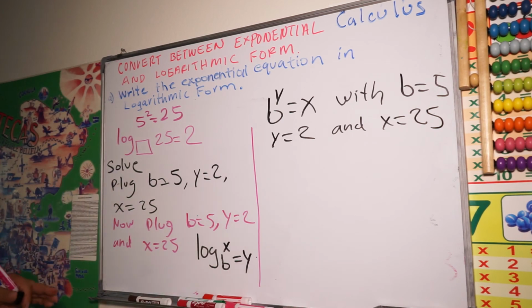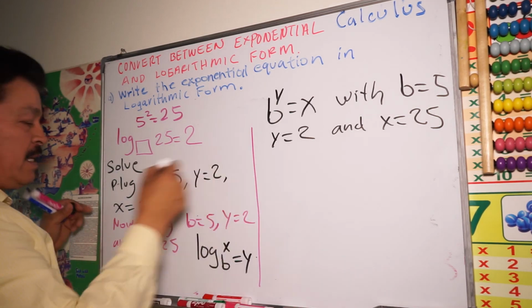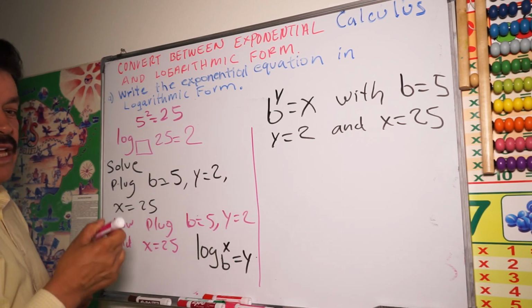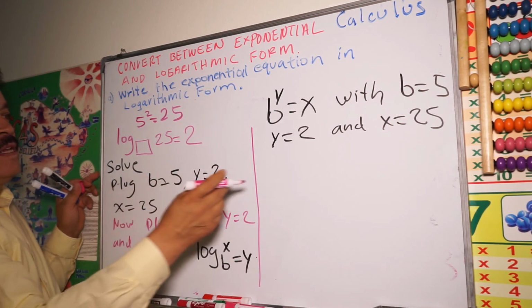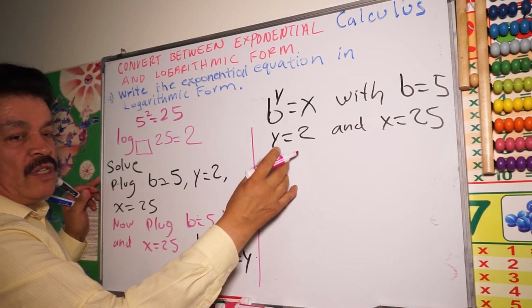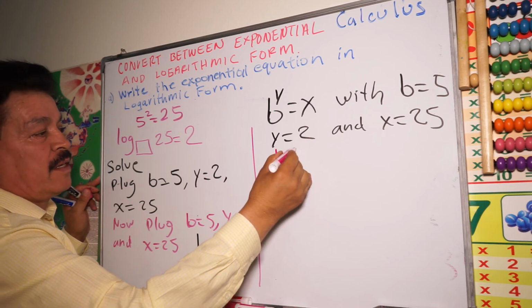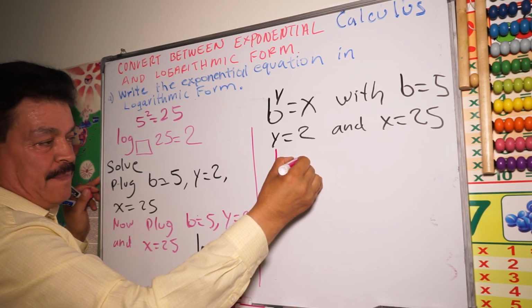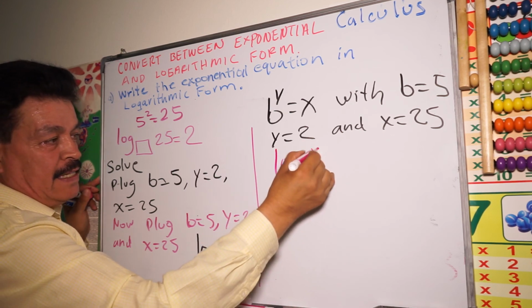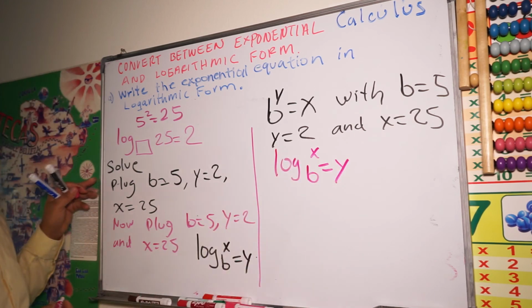So now you are able to do this. Plug all this information into the corresponding logarithmic equation, which is log_B X equals Y.